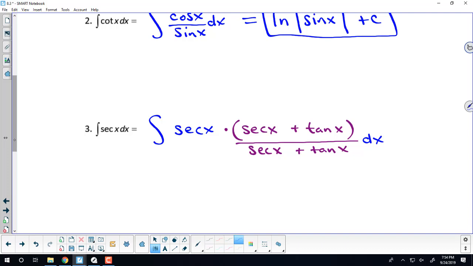We have secant squared plus secant times tangent, once we distribute.